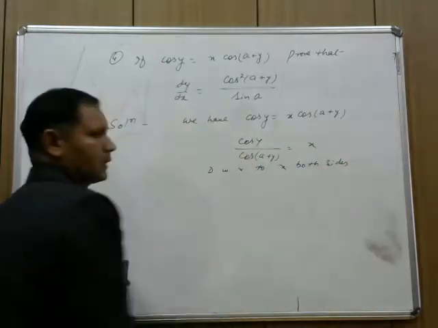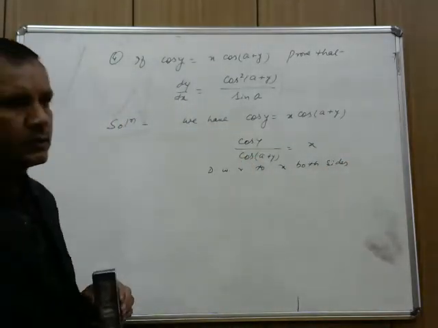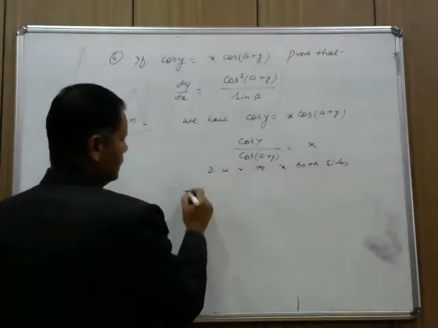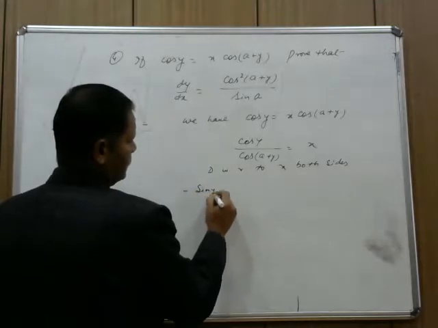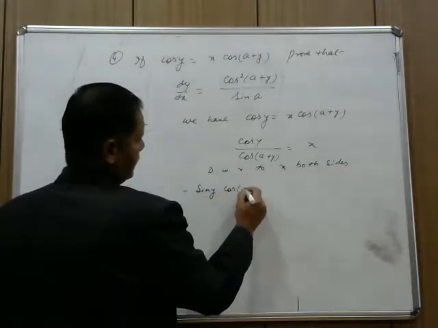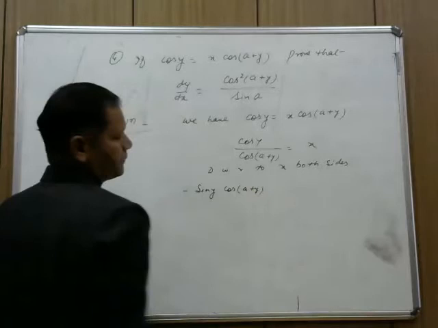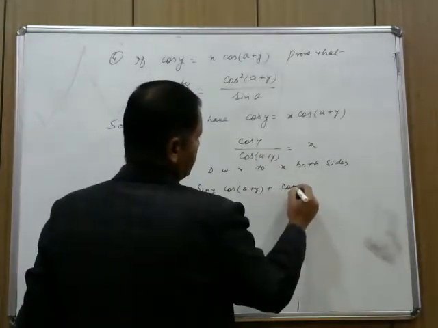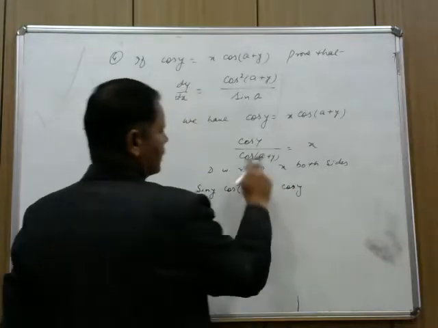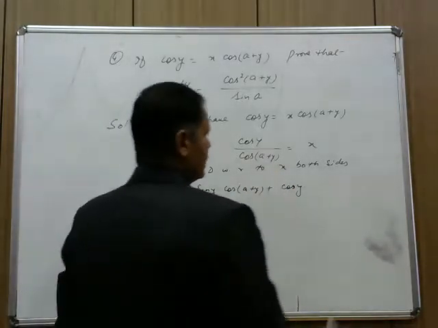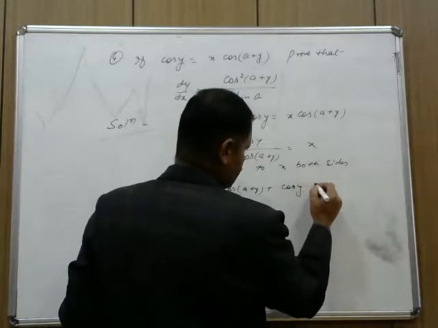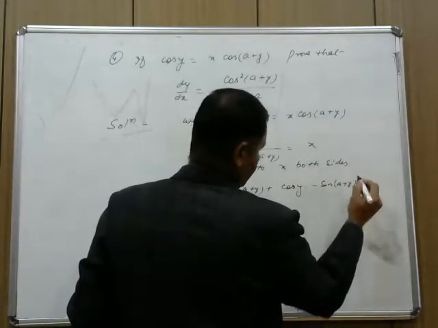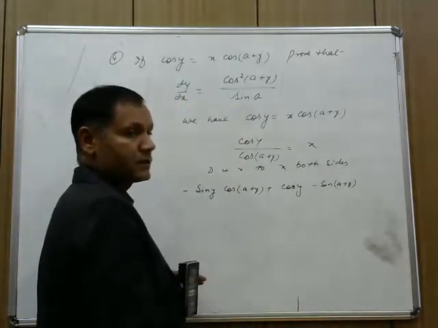Of course, on the left hand side we'll apply the quotient rule. Differentiation of cos y minus sin y into second term as it is cos (a plus y), plus cos y as it is into differentiation of cos (a plus y), which is minus sin (a plus y) into differentiation of (a plus y).